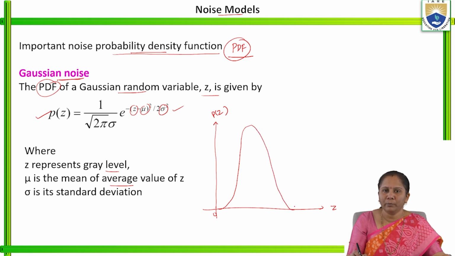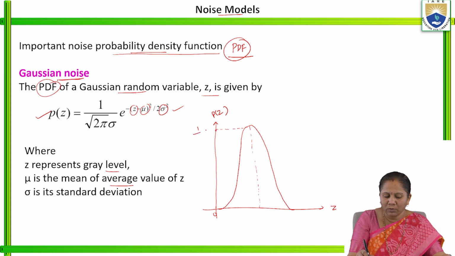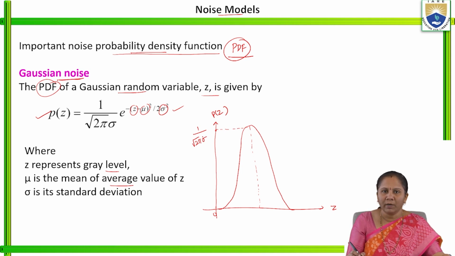Here, this is the maximum point, and its maximum value is equal to 1 by root 2 pi sigma.